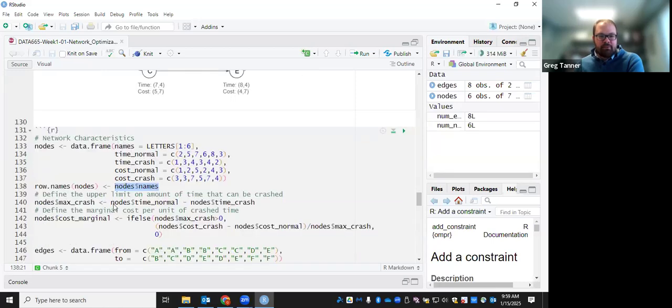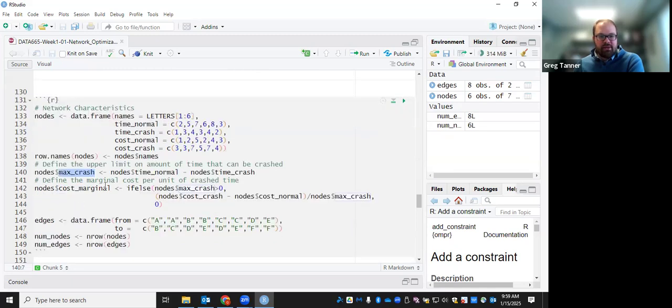Okay. Taking the data that's in here, we can compute some extra columns. The max amount of crash is the normal time minus the fully crashed time. And then for the marginal cost, I've put this in an if else, mostly because originally I had some activities that couldn't be crashed, and so we got some division by 0.